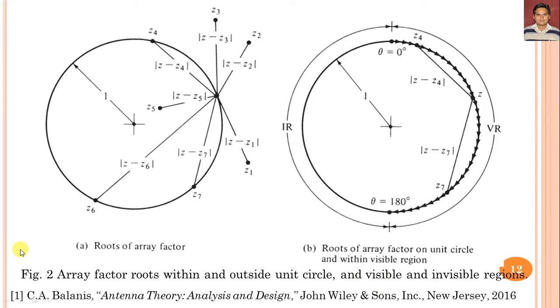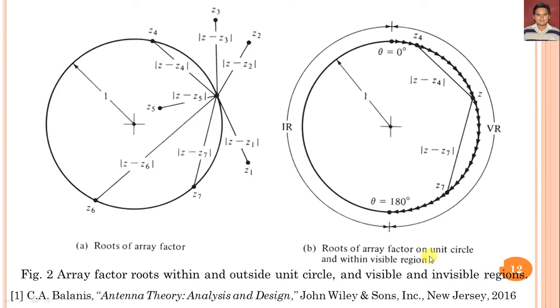Here you can see this is the point z, and different roots lie on the plane, where z1, z2, z3 lie outside this unit circle, and this is the unit circle, and z7, z6, z5 and z4 lie within the unit circle or on the unit circle.